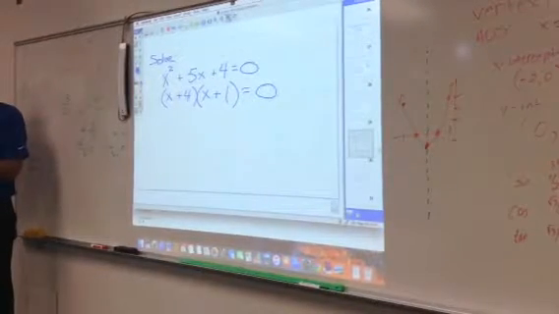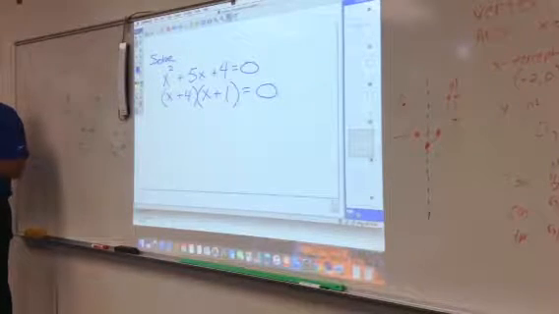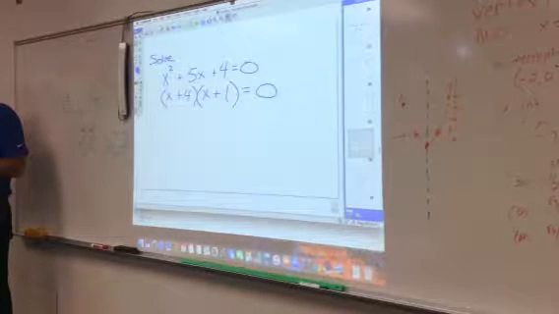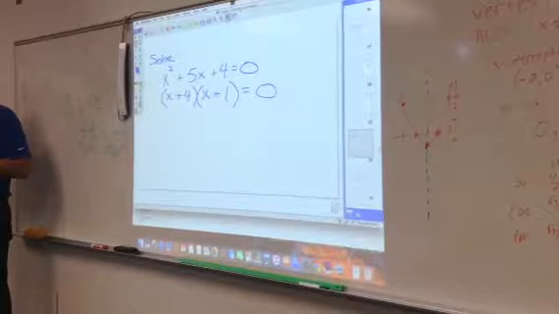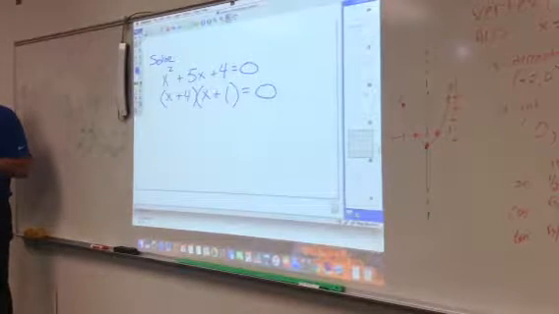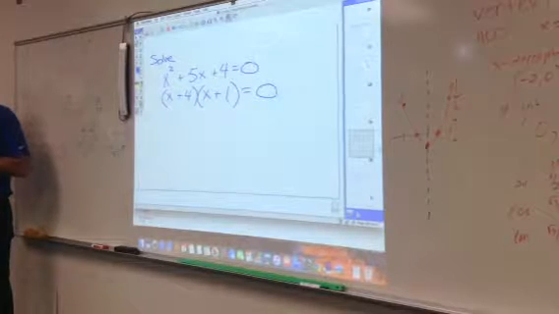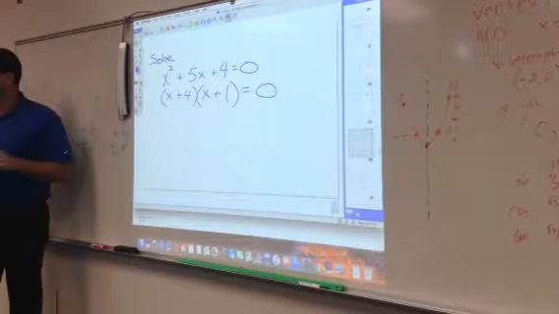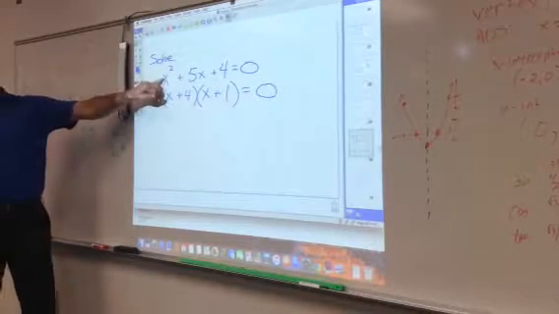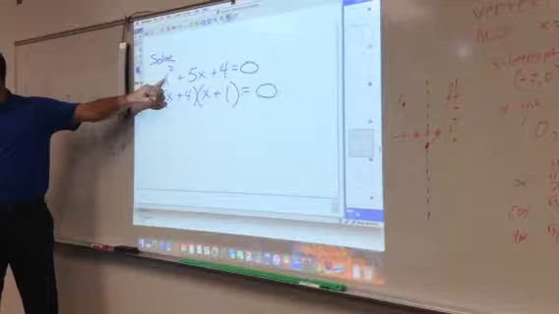So, now I'm ready to finish the problem. What am I going to do with each factor? Make them equal zero. Someone said add them, but the multiplication back together gives 1x plus 4x, so you still get 5x, the same equation, x squared plus 5x plus 4.